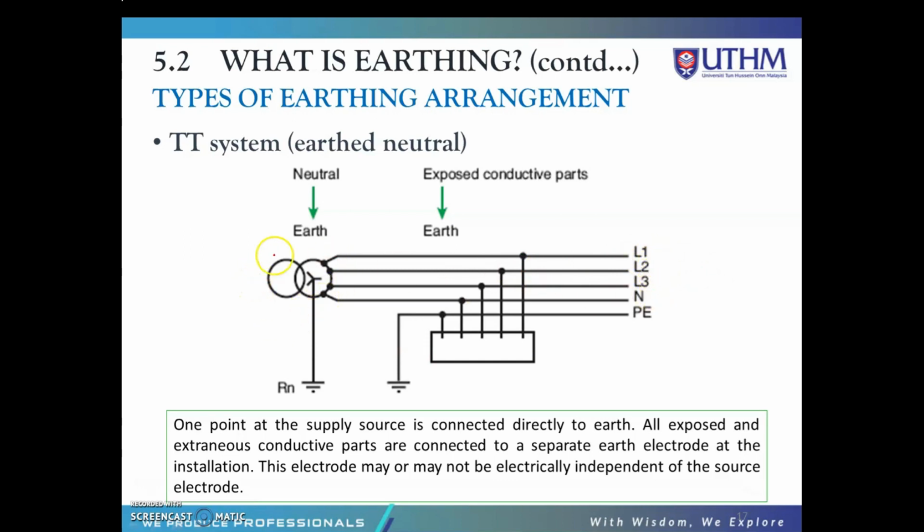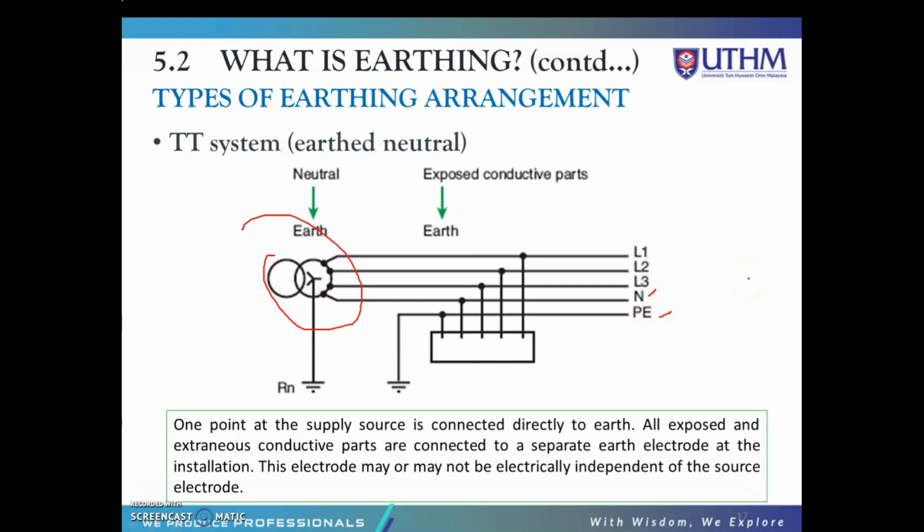This one is the transformer, and then these are all the conductors, and then we have here the neutral conductor, also called the neutral, and it is the conductor that connects the star point in a three-phase system to the earth. Okay, and then the second one is this one, PE.